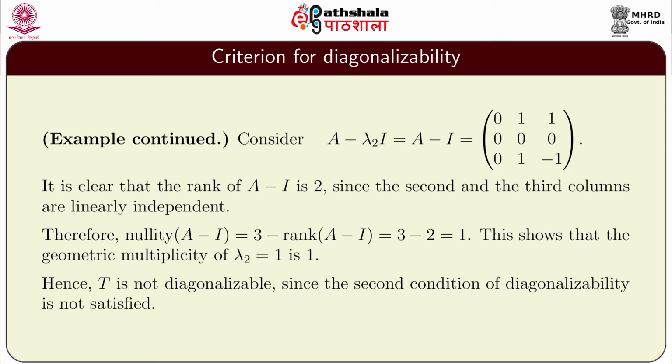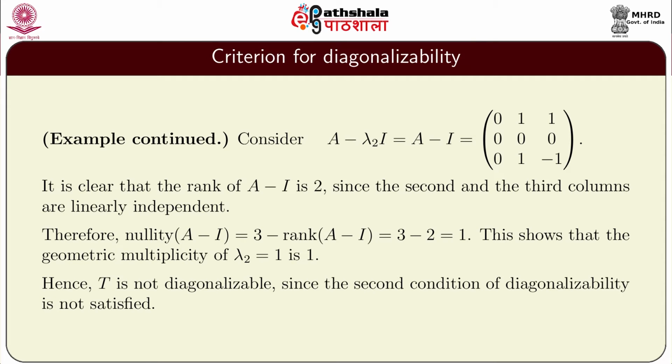Therefore, we can say from this observation that the rank of this matrix A minus I is 2. Hence, the nullity of the matrix A minus I is 3 minus rank of A minus I, that is 3 minus 2, that is equal to 1.